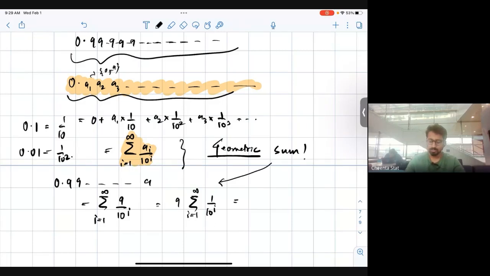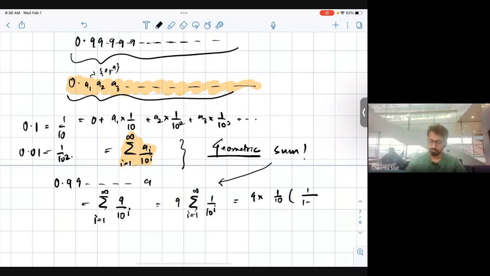It's 1, right? Why? The geometric sum a plus a r plus a r square and so on is nothing but a by 1 minus r. Your starting number is 1 by 10, that is a, and its ratio r is 1 by 10 also.